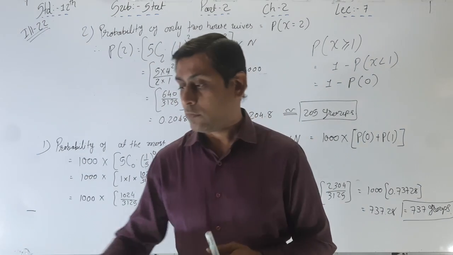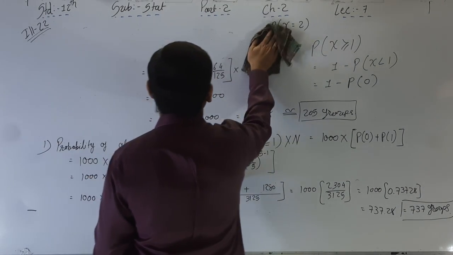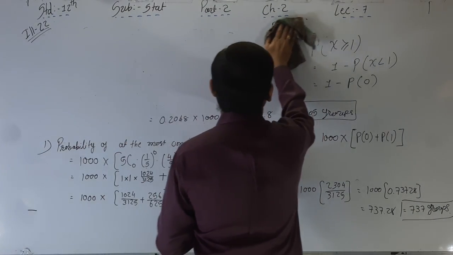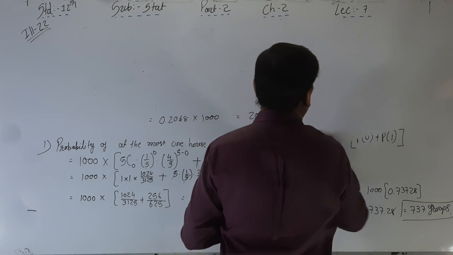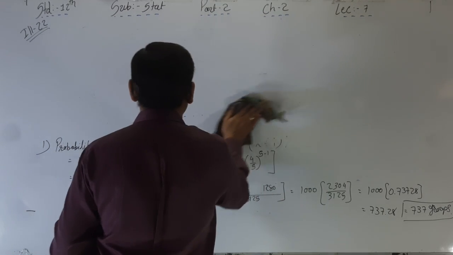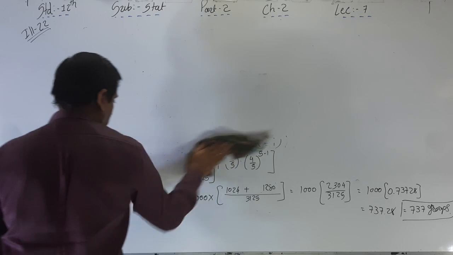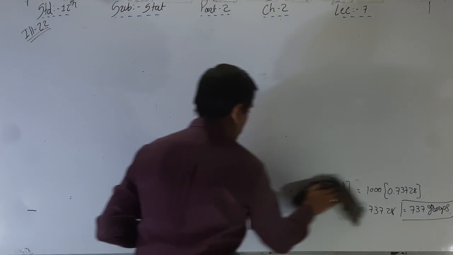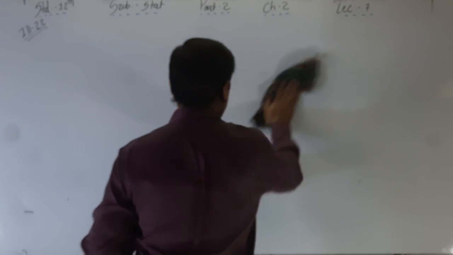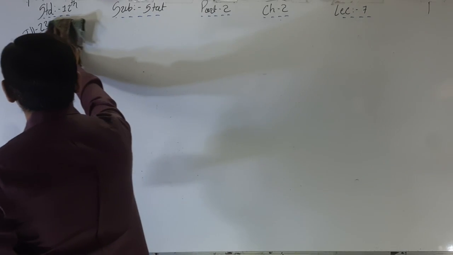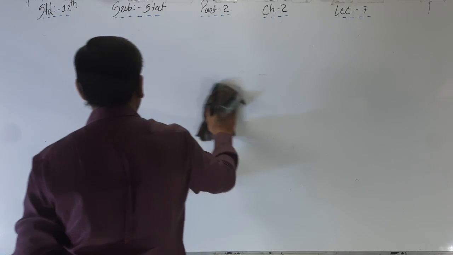See here, I am doing that sum. In the question, the probability of success as well as the probability of failure is sometimes not given.